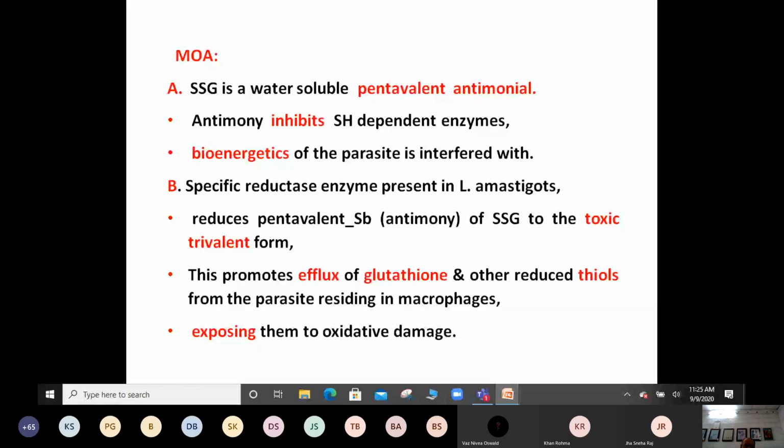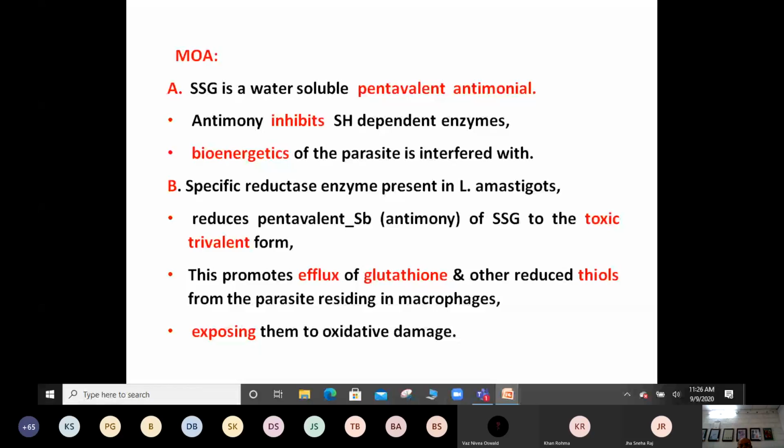So these amastigotes contain a specific reductase enzyme. Now this enzyme reduces the pentavalent antimony compound, that is sodium stibogluconate.